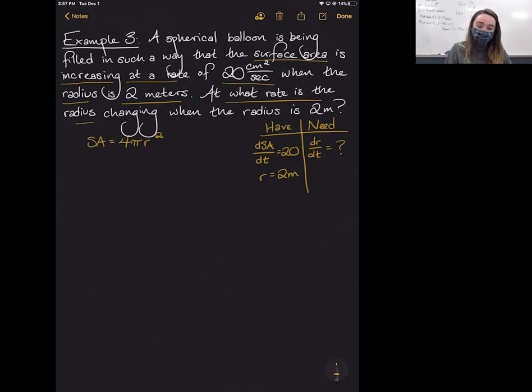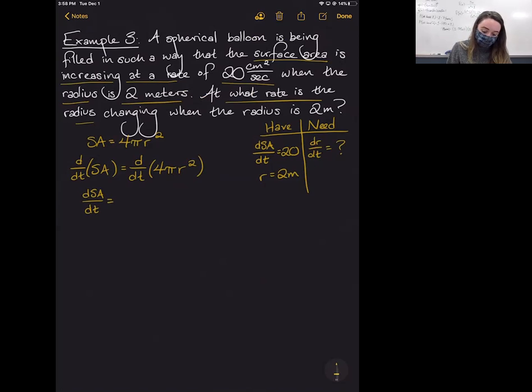Okay, so now we need to differentiate both sides of this equation with respect to time. We differentiate with respect to time because both the radius and the surface area are changing as time passes. So over here on the left, we have dSA over dt.